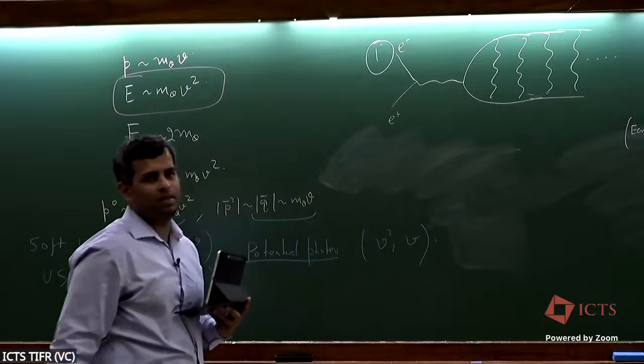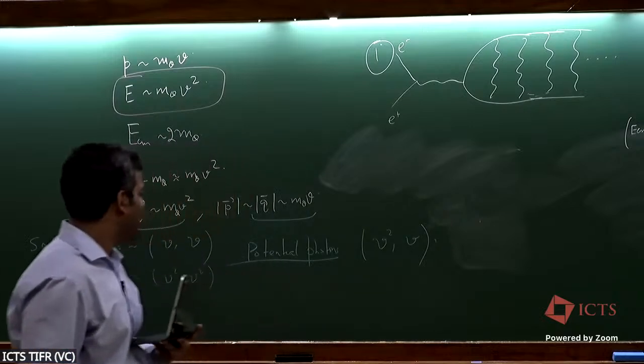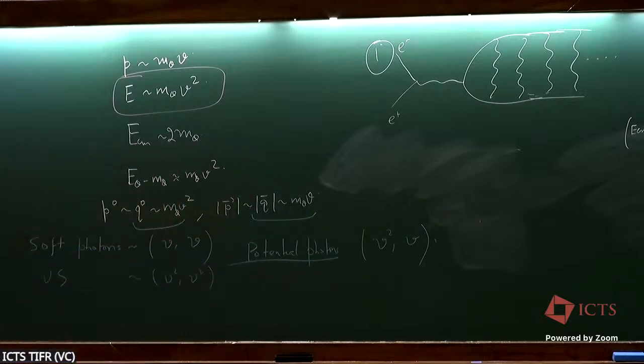So the ultra soft photons don't give me, no, it's not the power counting. The question is for formation of bound state, which is the photon that is contributing to the bound state really. So ultra soft photons will not contribute. They are too low of a scale.